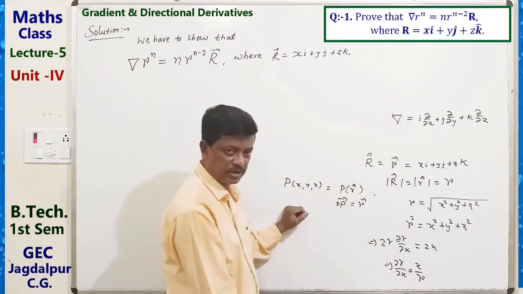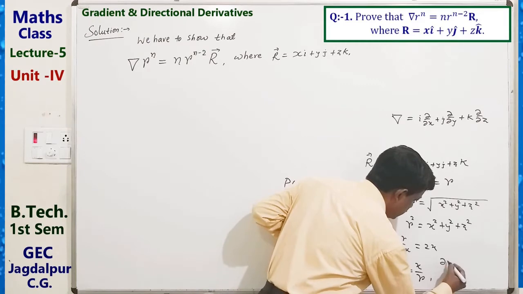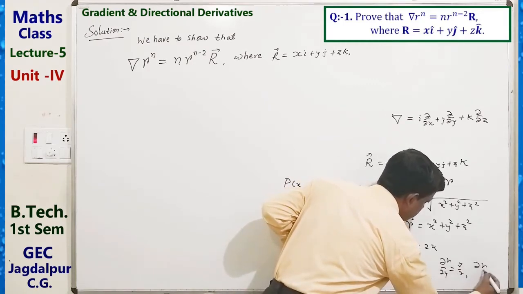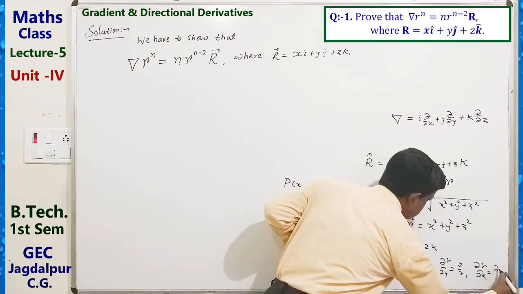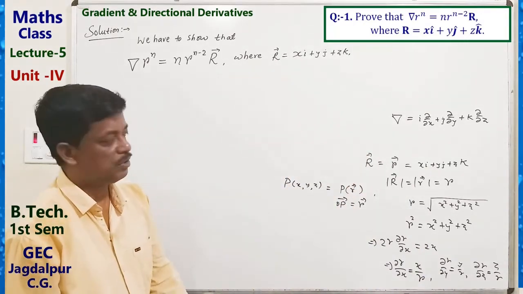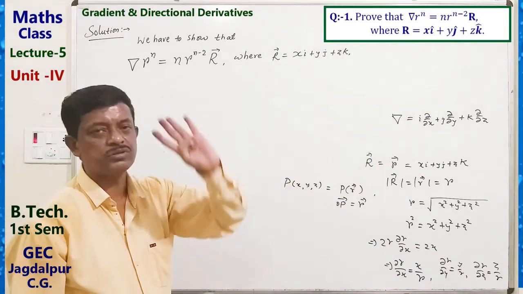Similarly del r by del y equals y by r, and del r by del z equals z by r. Okay, these are the important parts we always use.